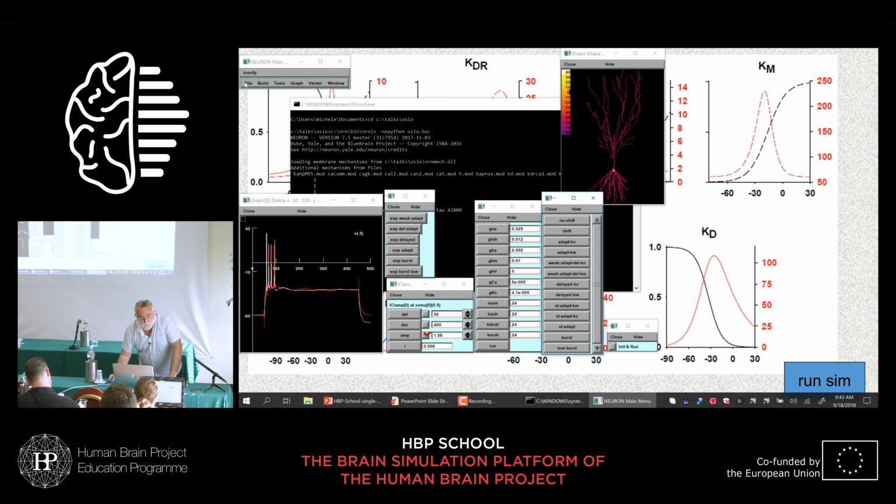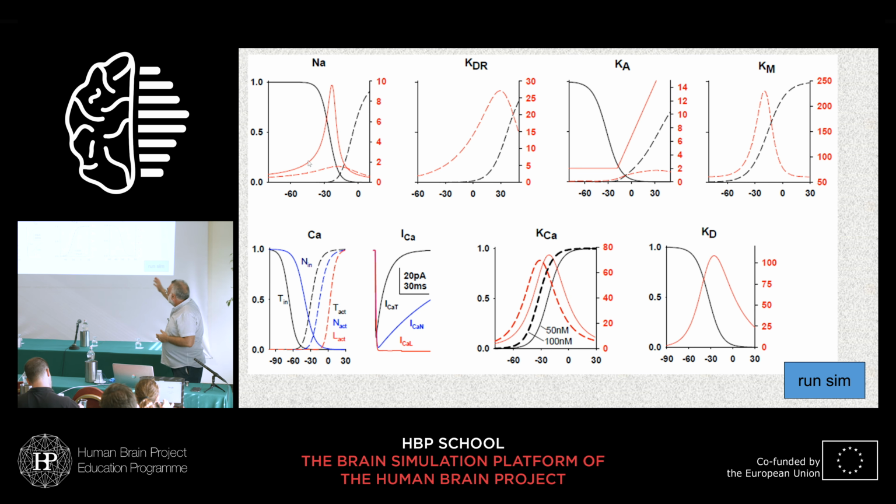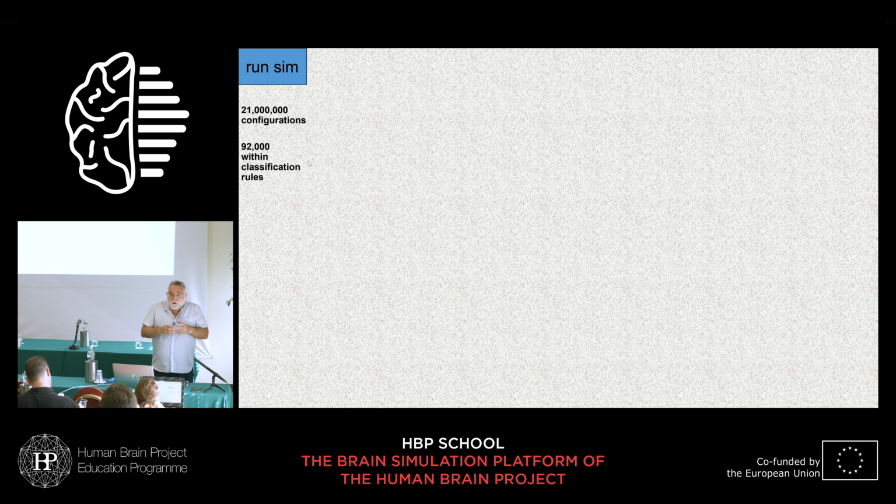Okay, so what we did now is, let's see not only the single voltage, but how they are organized, how they are connected to each other, if there is any connection.